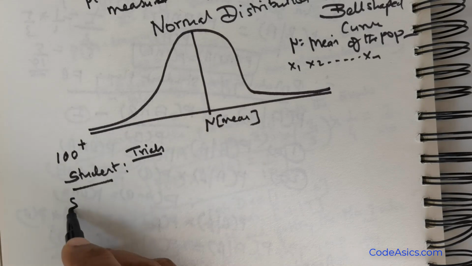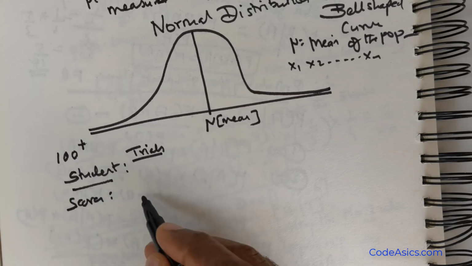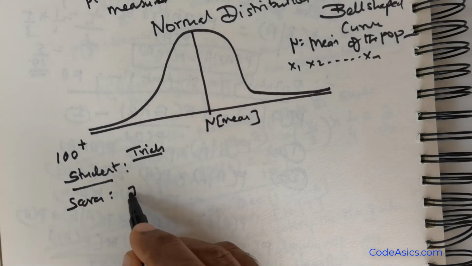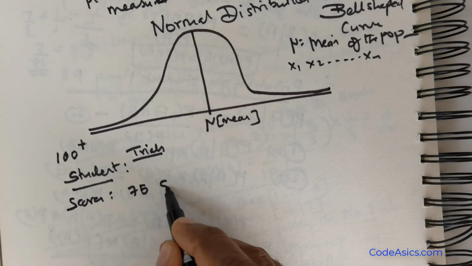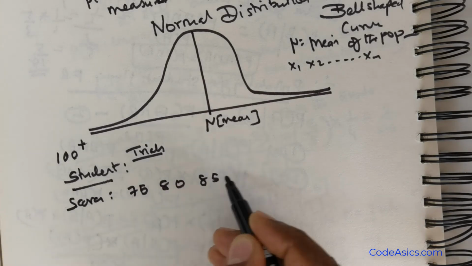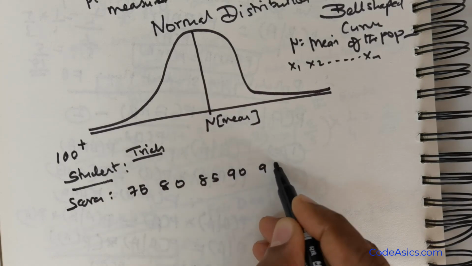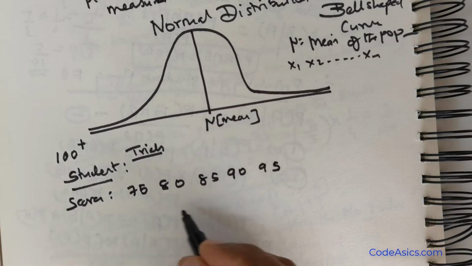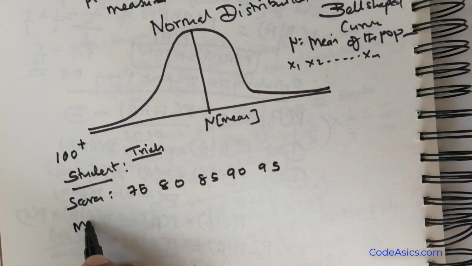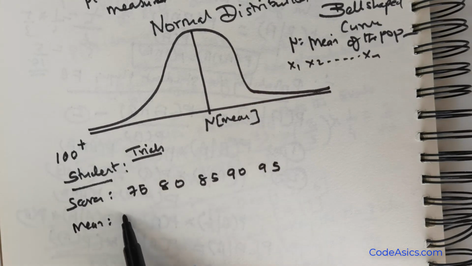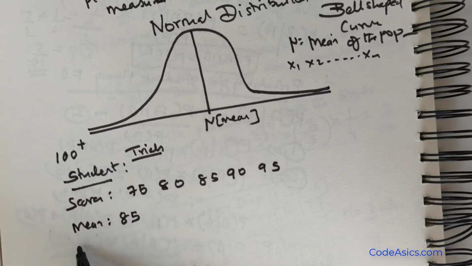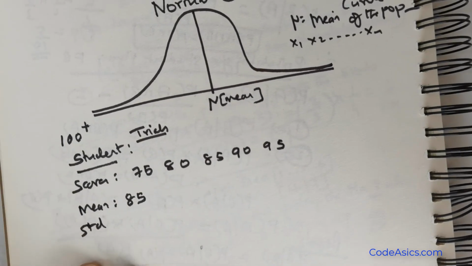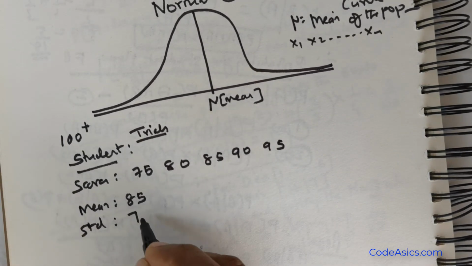I have the following scores: 75, 80, 85, 90, 95. It has been found that the mean is 85, and the standard deviation, let us assume, is 7.